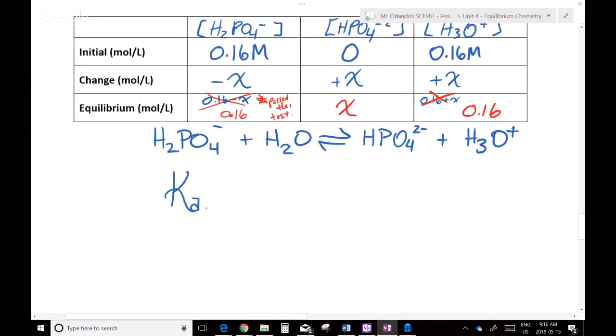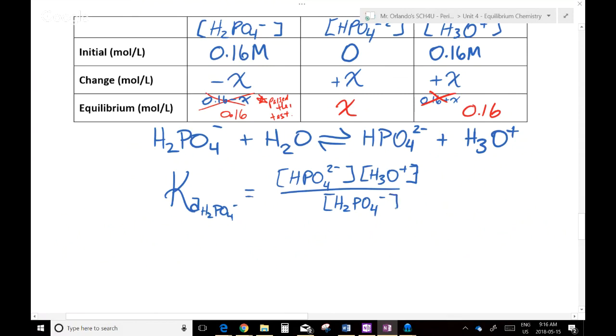So the Ka of H2PO4 minus, the equilibrium constant of getting rid of that second hydrogen, is going to be equal to the concentration of the second conjugate base times H3O plus, divided by H2PO4 minus, which is actually our acid in this case.